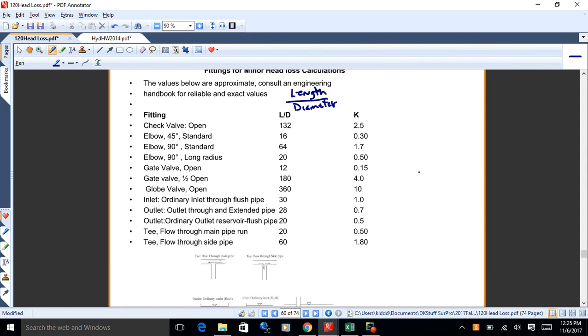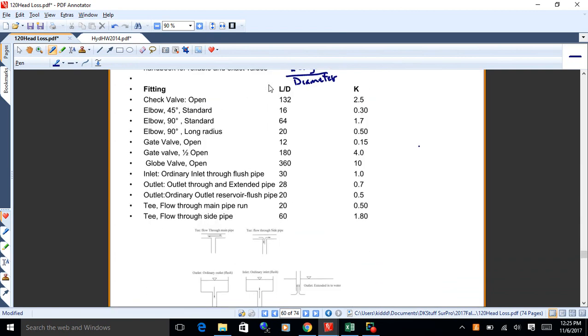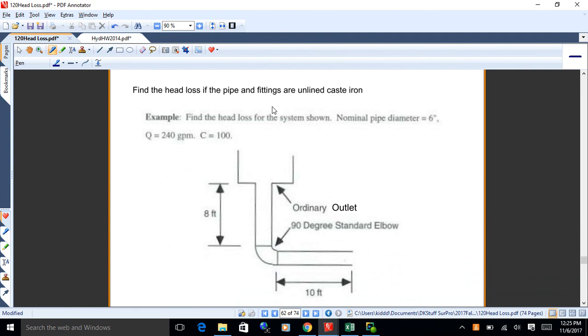So let's have a look at an example of how you'd use this. Let's say we've got water flowing through a little system like this, and we want to find the head loss that occurs. We're going to assume everything is unlined cast iron, so C is 100.